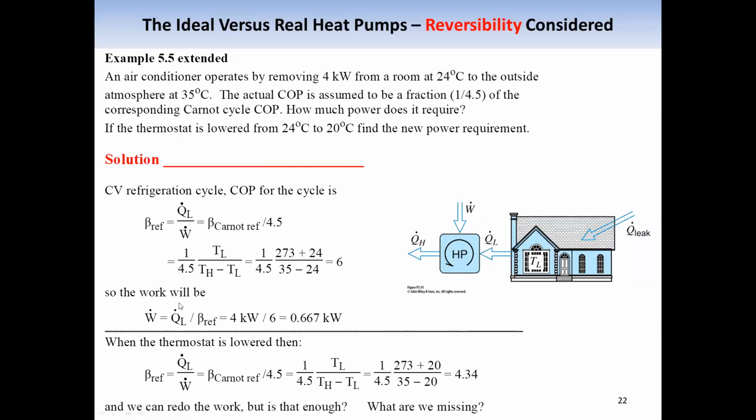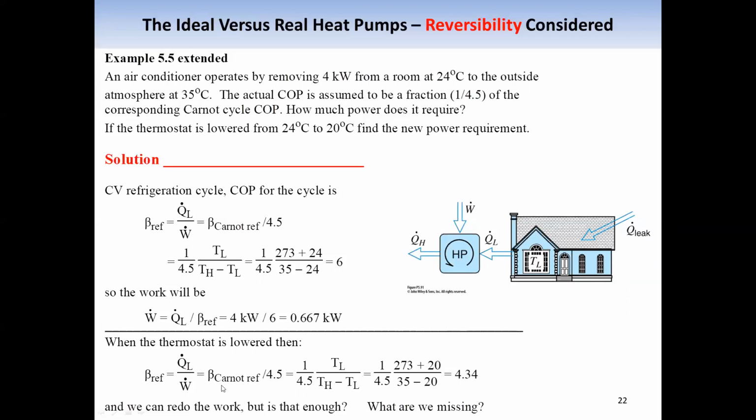The QL term, in both cases, is maintained at a steady state, so this QL dot term is equivalent to the energy leak into the house from the roof, from around the wall of the house.